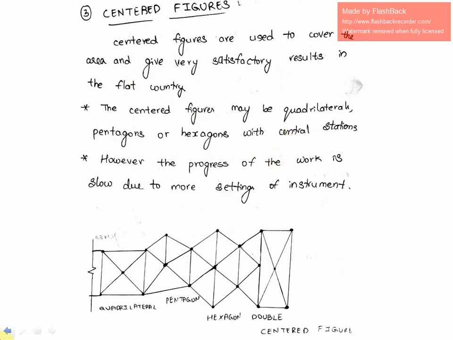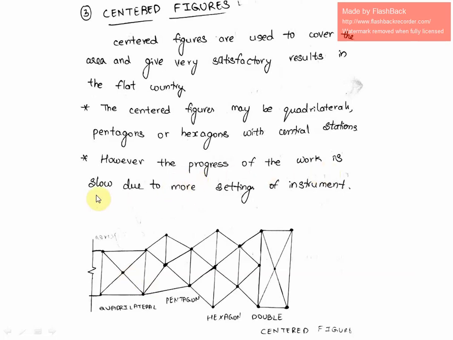You can see in the figure, they fix one center station and take the readings of the whole area, or they divide the whole area after fixing the center station. This one is the quadrilateral with the center station, this is the pentagon with its central station, this is the hexagon with its central station, and this is the double centered figure. You can observe it here. They fix one center station and take the readings.